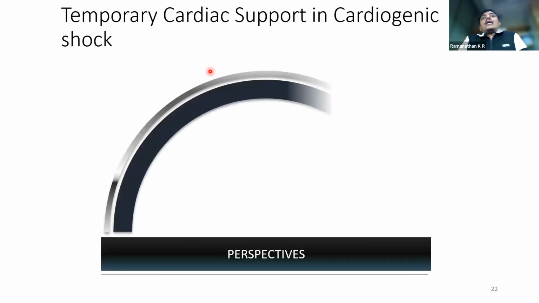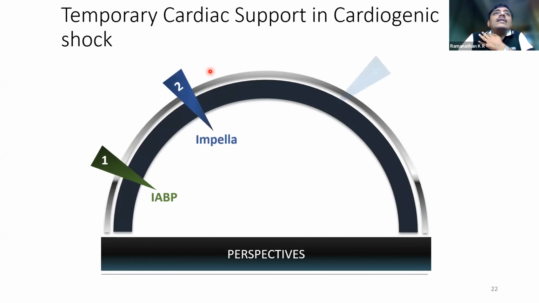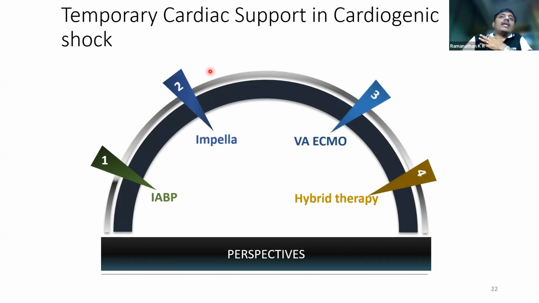The other kinds of temporary cardiac support device that we tend to use in cardiogenic shock, apart from IABP, would be Impella, VA ECMO, or a hybrid where we use a mix of VA ECMO as well as Impella. I'm not going into too much detail about temporary cardiac support in cardiogenic shock here, because Tapesh had specifically told me to stick to the basics and mention these for completion's sake.